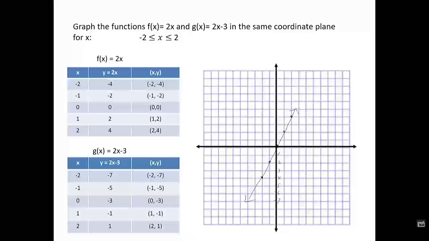To graph the next function, g(x) = 2x - 3, we want to plot the ordered pairs that we generated previously.